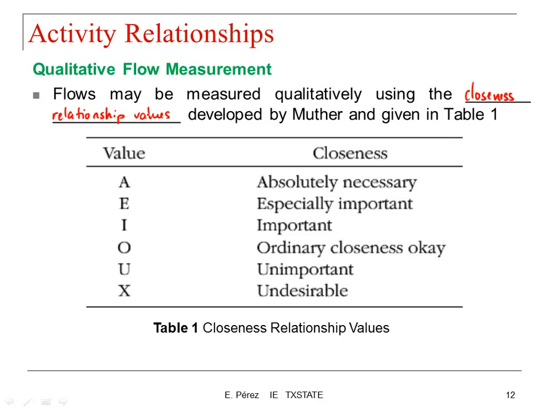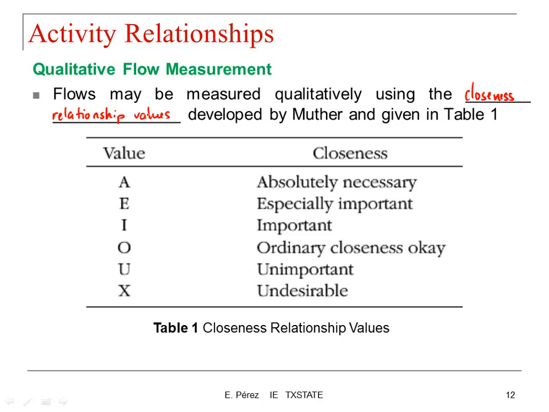So this person is a researcher, like all of us faculty members at universities. We also do research. When we do research, we are trying to find better ways to solve problems. So these guys came up with this methodology to try to use qualitative information to allocate departments within a facility.